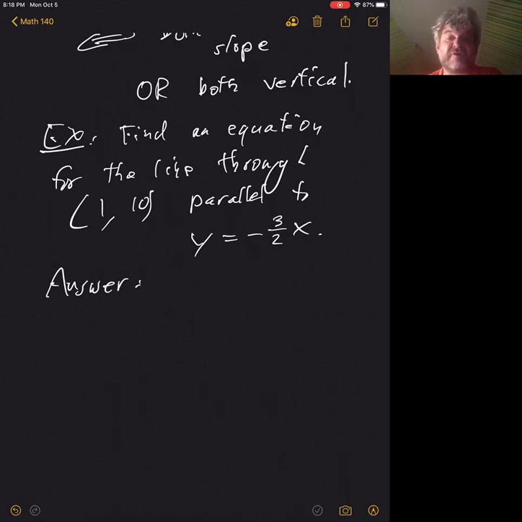Answer, the point slope form is the answer. If it doesn't say slope intercept form, go with the point slope form here. Because you can't just do y minus 10.